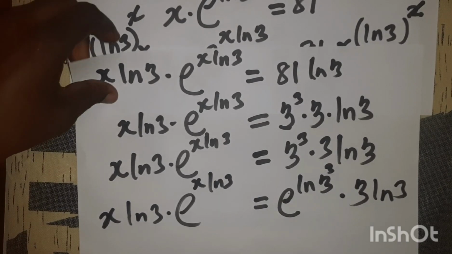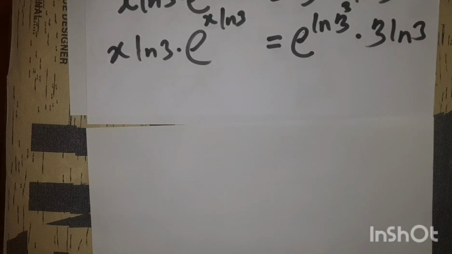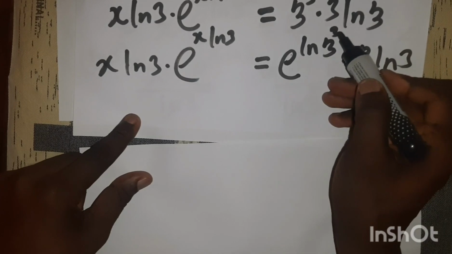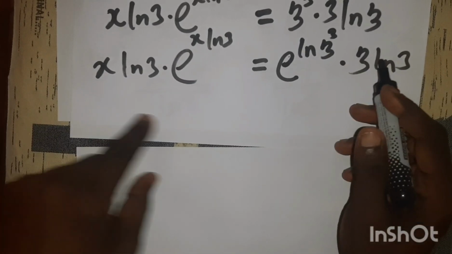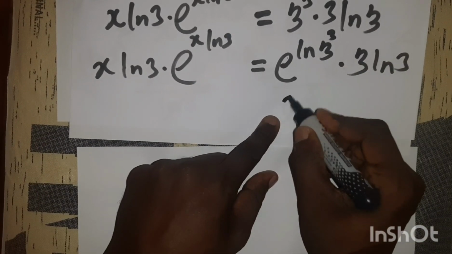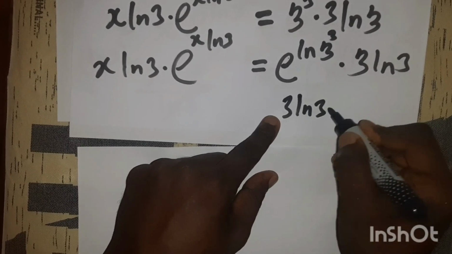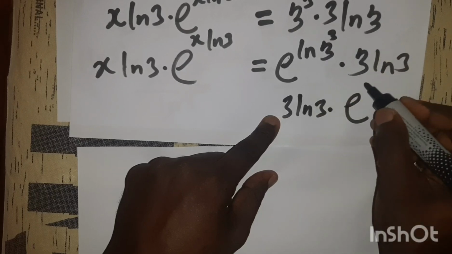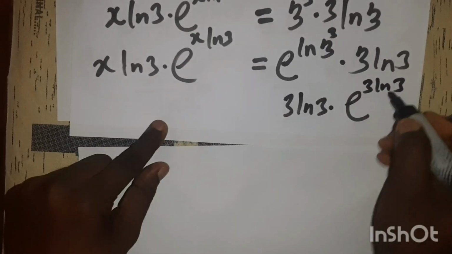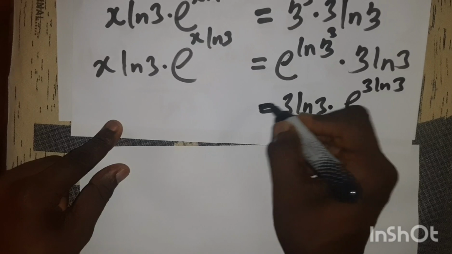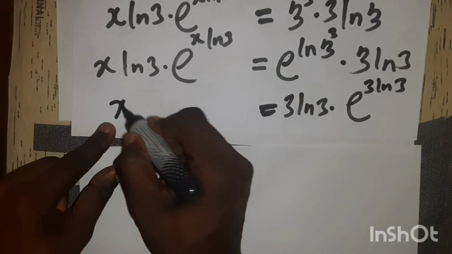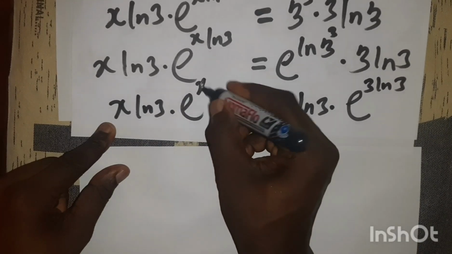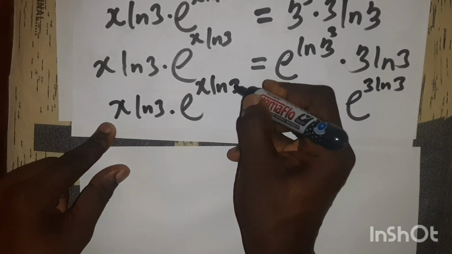Continuing, I can bring this 3 here. This is now 3 ln of 3 times e^(3 ln of 3), equals x ln of 3 dot e^(x ln of 3).